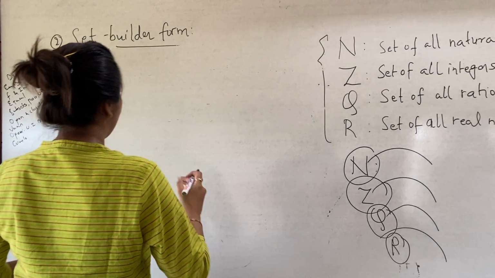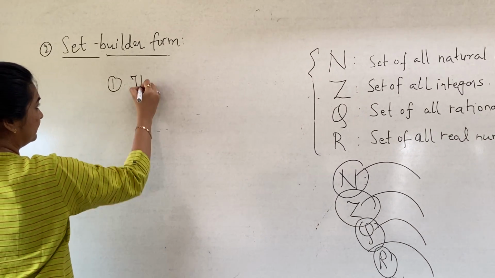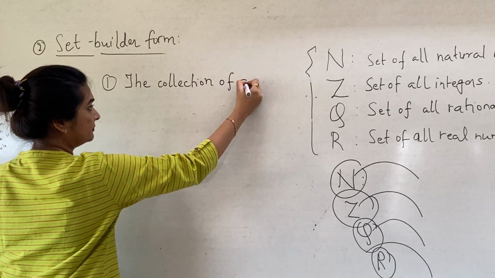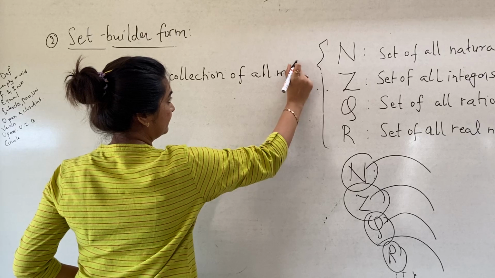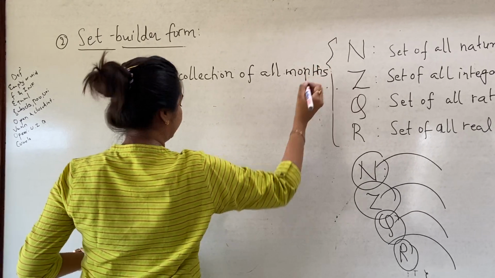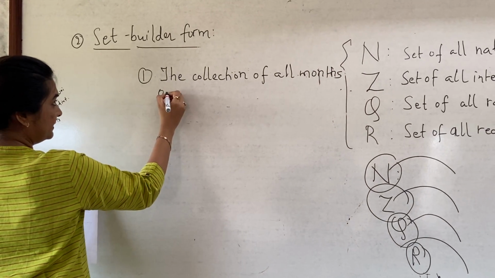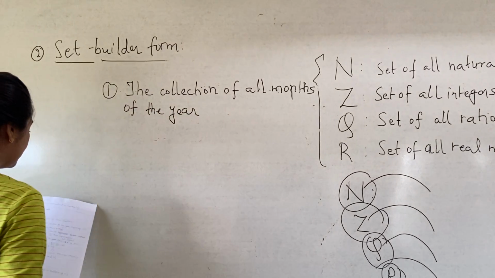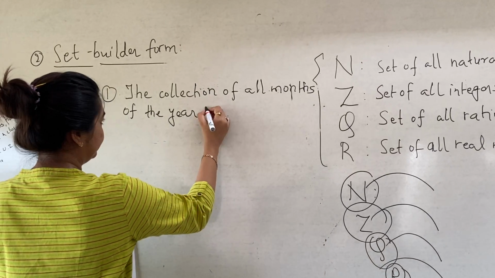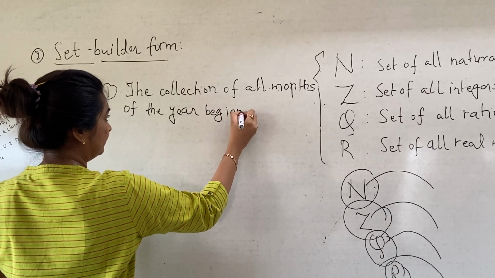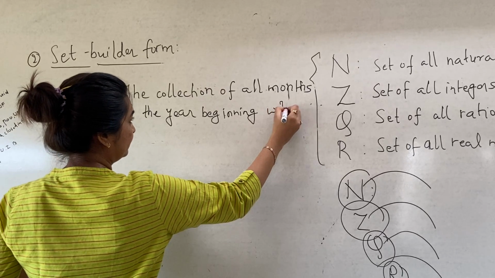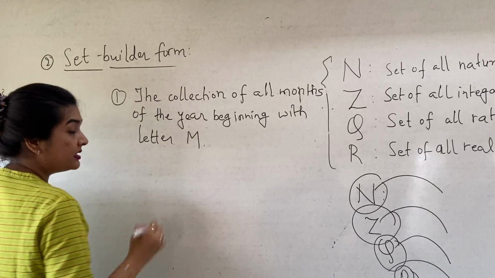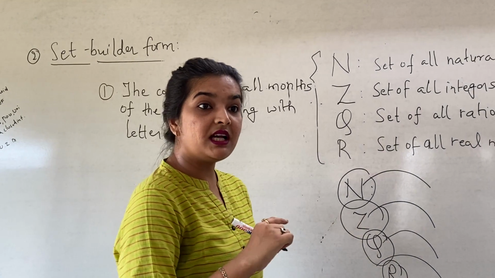The collection of all months of the year beginning with letter M. Now, is this a set?